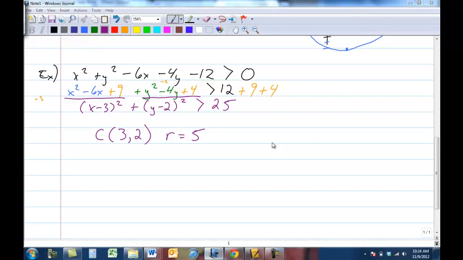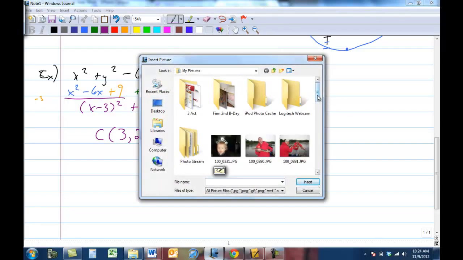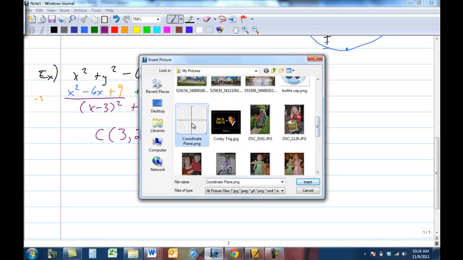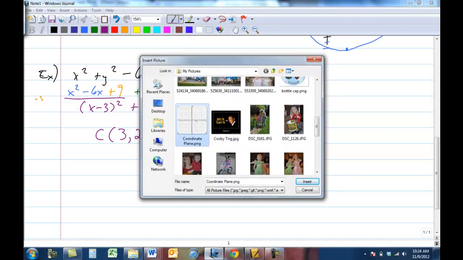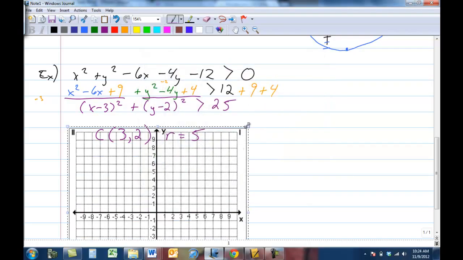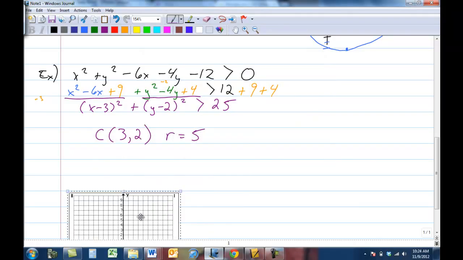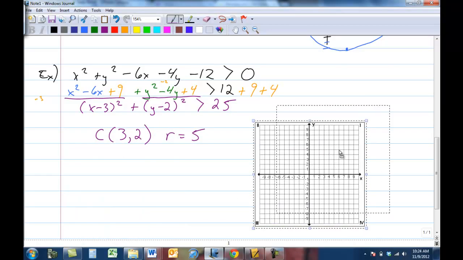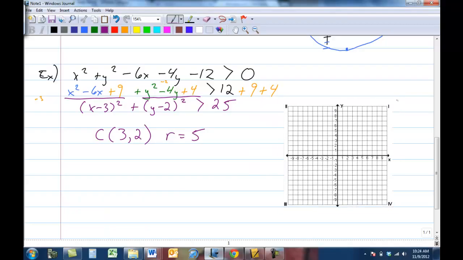Alright, so get a grid, or you guys can start drawing your axes. I'm going to insert my coordinate plane here. And let's graph this. So our center is the point (3, 2) with a radius of 5.